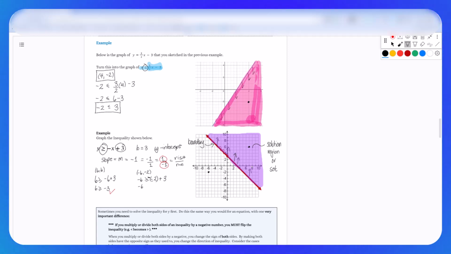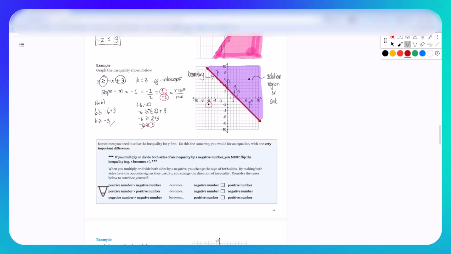Well, we get -6 greater than or equal to, the negative of a negative is positive, 2 plus 3, that gives us 5. And when we look at -6, it is not greater than or equal to 5. So we can tell that this is definitely not a solution in the region.